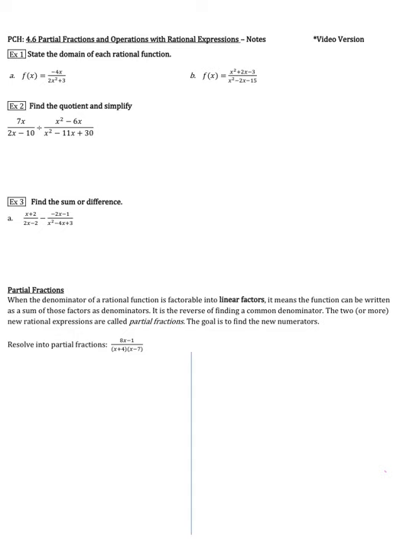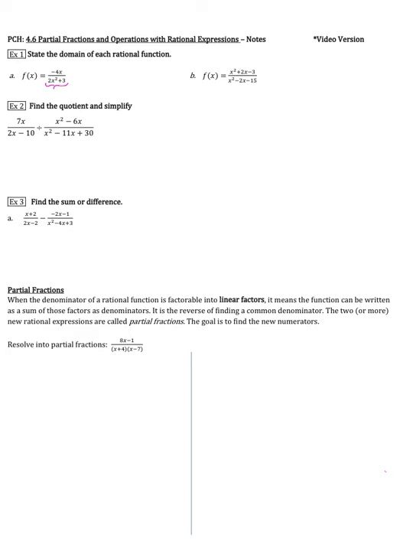All right, so we're going to start off with this first example. We're just looking at a function and we want to identify the domain of the function because that tells you if you are graphing something, whether it's defined or not within that interval. So when you have a rational algebraic, what you're really looking at is your denominator, since you can never divide by 0.